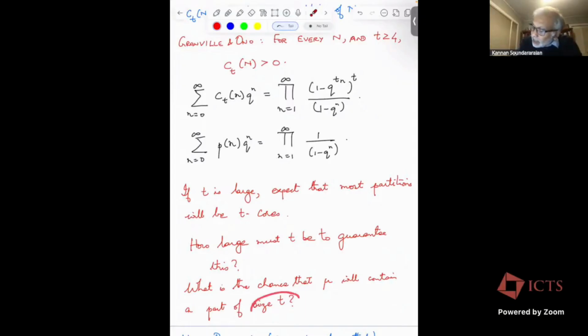And if this part is very big, I might expect that a partition lambda is likely to be a t-core, and I would like to understand how likely it is that a partition lambda is a t-core. So I'm led to statistical properties of what a random partition looks like. How big is the biggest part of a random partition? What do the hook lengths of a random partition look like? And if I can understand these statistical questions, then I can go back and say something about the character table of the symmetric group.